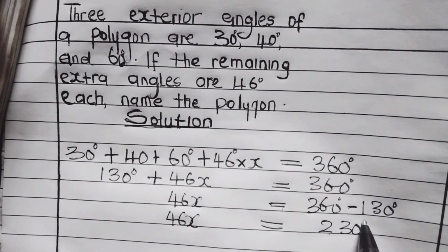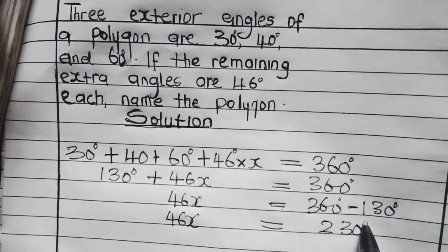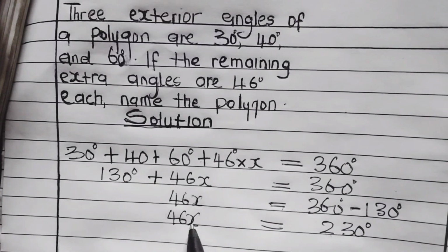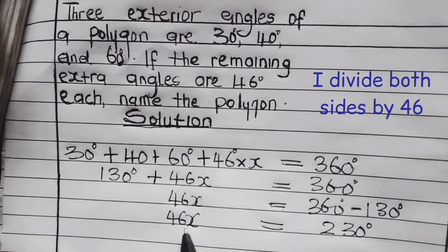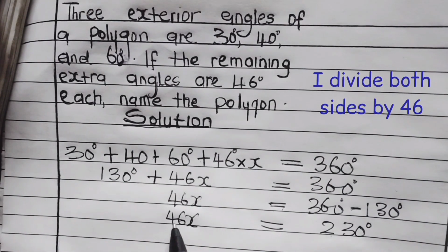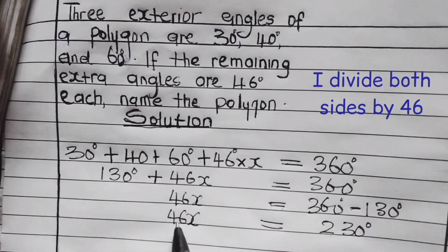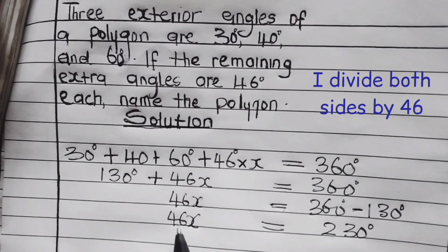Finally, because I'm solving for the value of x, I want this x to stand alone. Therefore, I will divide by the coefficient of x, which is 46, the number that is with x, so that x can stand alone.